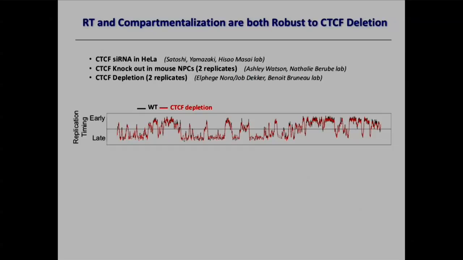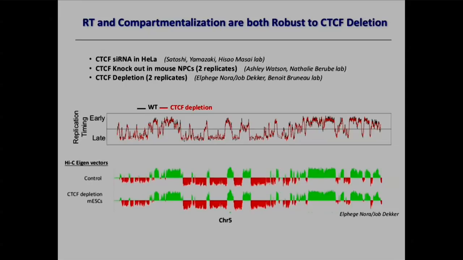Consistent with our deletion experiments, we found that CTCF is also dispensable for the global replication timing program. And as Alfred has already shown, it has minimal effect on compartmentalization as well. This cell line is actually Alfred's degron cell line, and we reproduced the result in a CTCF knockdown by siRNA and also knockout.